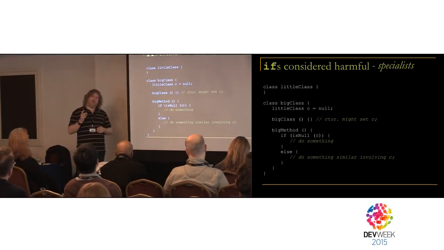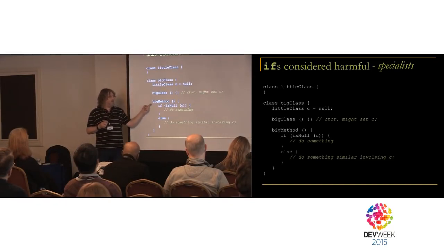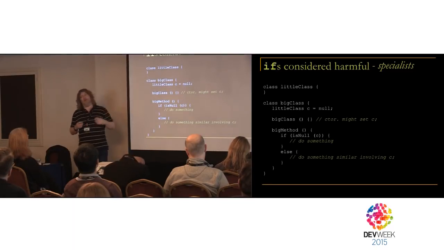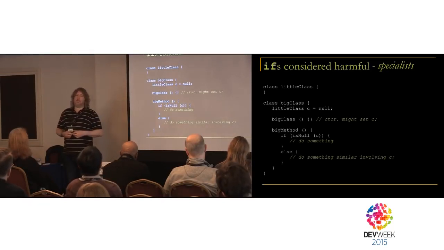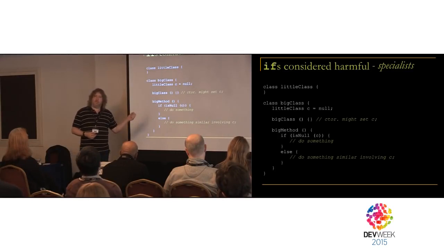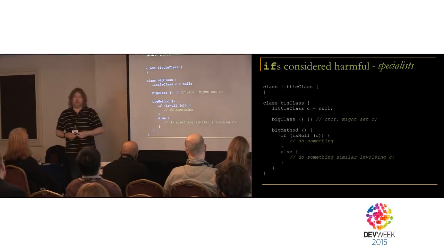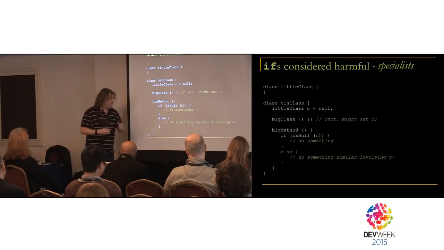But it means that every single time we ever use that, we have to test. Because the little class is promising some interface, and we can assign anything into C which will honor the little class interface, except for null, which we can assign to C which has no interface at all. This is a null pointer.